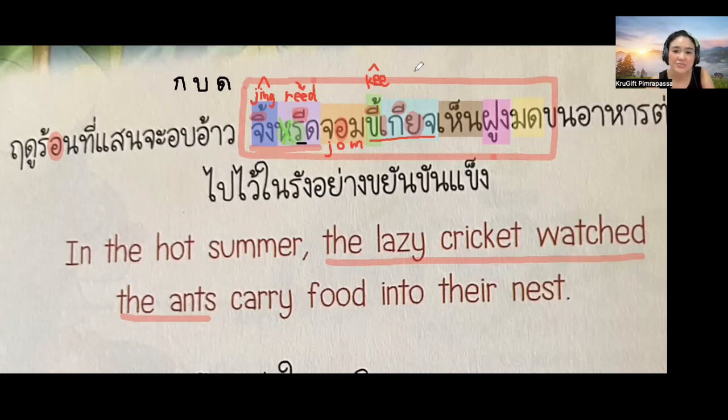It's the combination between i and a. So it will become ia. When you pronounce it, it's gonna sound like ear. Like your ear. Sounds the same. So let's read this word together.